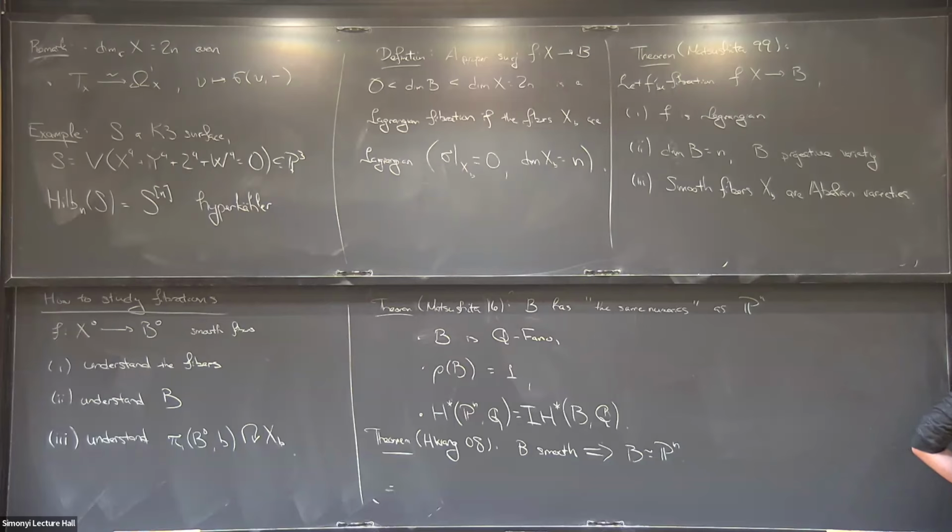So here's a theorem. The original theorem for a very general Lagrangian fibration was due to Van Dongen and Voisin, and then in full generality for every Lagrangian fibration due to Ben.